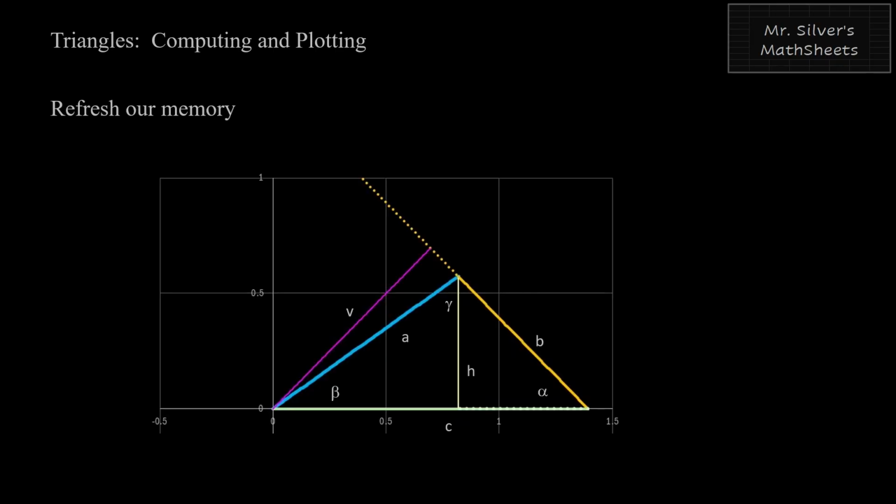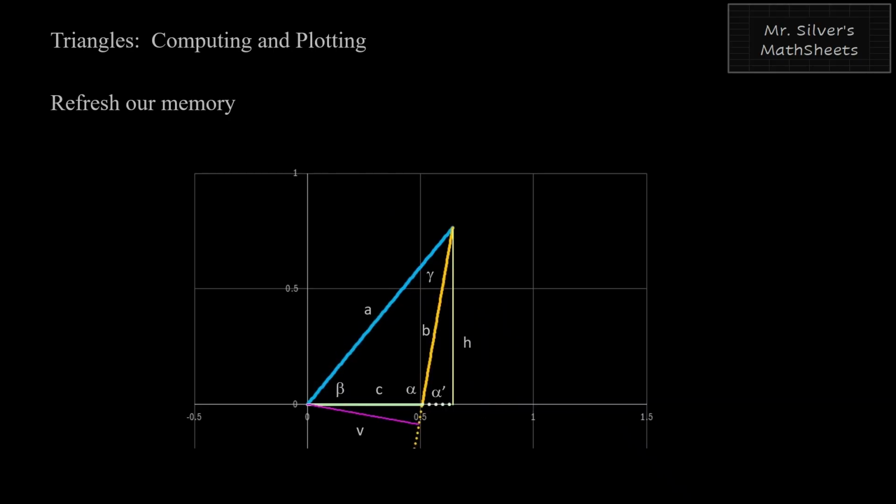So to refresh your memory, the triangle has a left side A, a right side B, baseline C, an altitude H that goes down to the baseline, another altitude V that goes from the vertex off to the right.